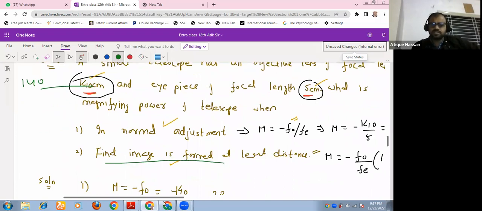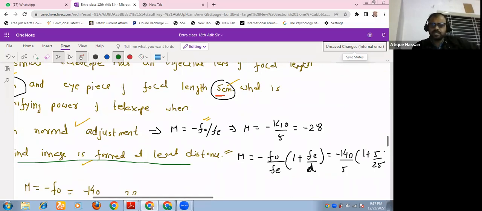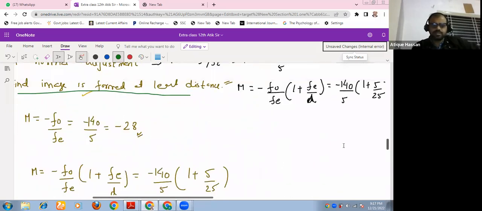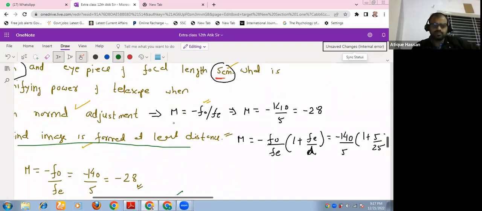In case of final image at least distance, you will apply this formula, F naught by Fe into 1 plus Fe by D, and you will get the magnification as minus 20 for least distance. And in case of normal adjustment, minus F naught by Fe, so minus 2.